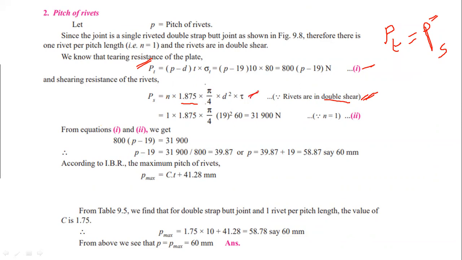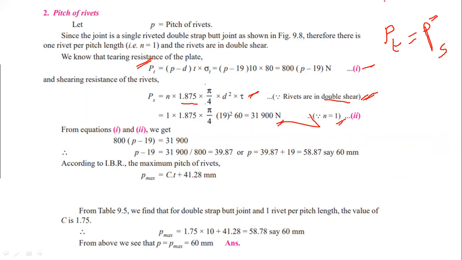Now substitute all these values in this equation, and you get PS equal to 31,900. Here n equal to 1 for a single riveted joint.